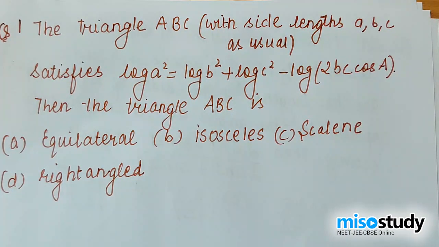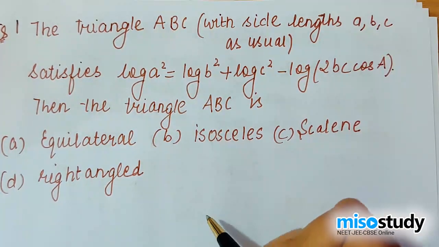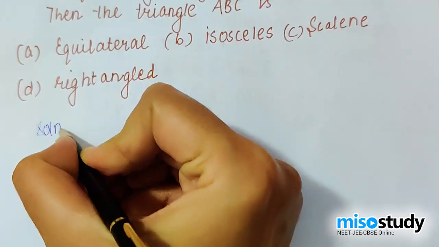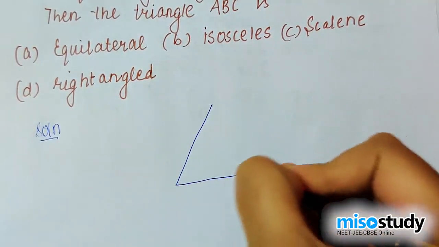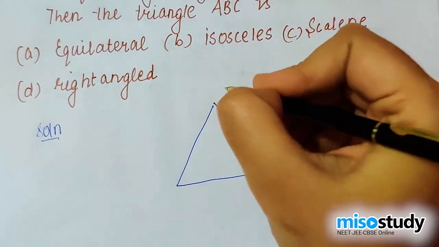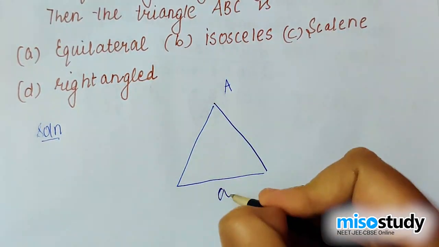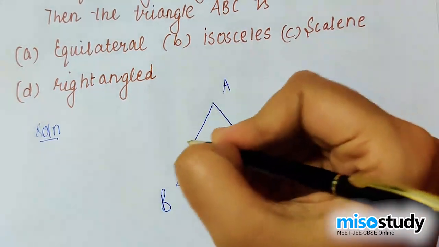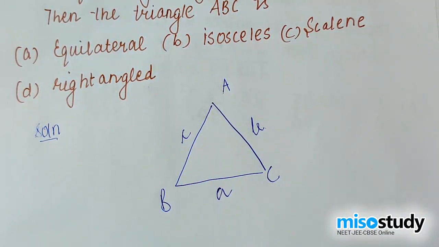Now there is this triangle ABC which satisfies this particular condition, and the side lengths a, b, c as usual mean, what is the meaning of side length a, b, c? It means the side in front of angle A is small a, in front of angle B is small b, and in front of angle C is small c. This means a, b, c as usual.